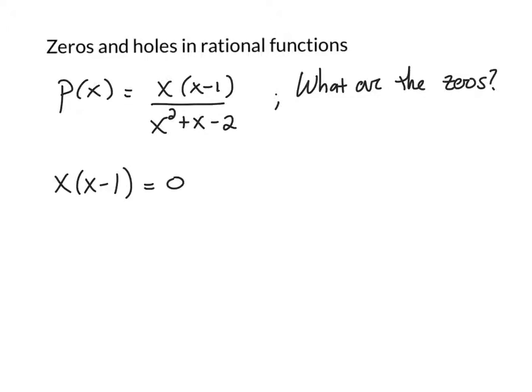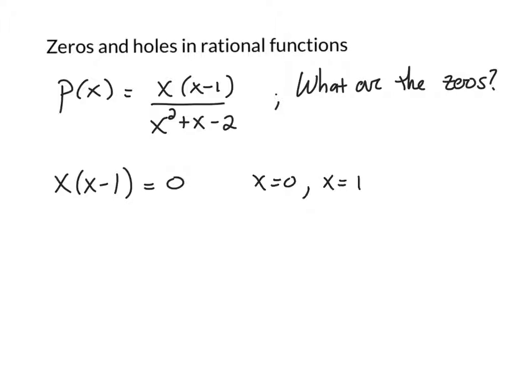Okay, so when I think about this, well, I'm already factored, so this is all very nice. So I know x has to be 0 from this right here, or x has to be 1. Okay.